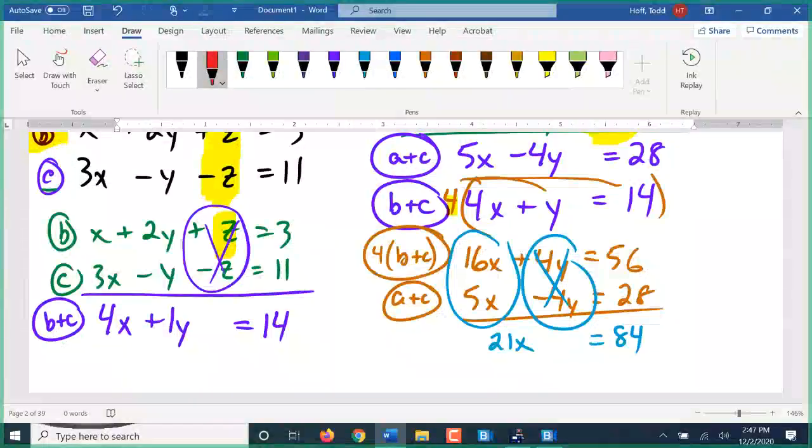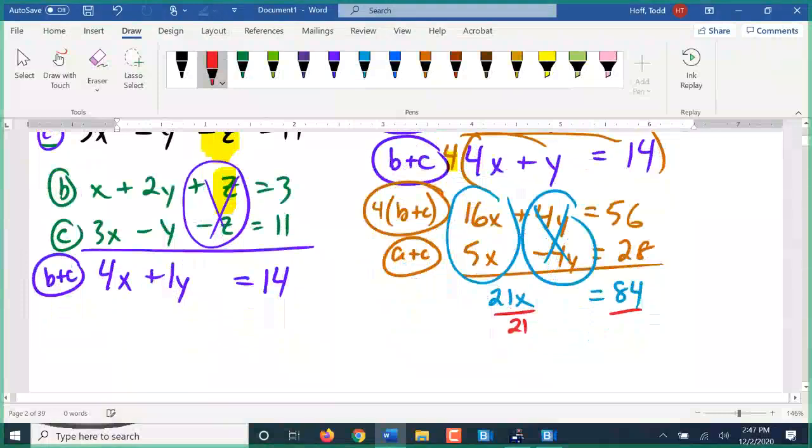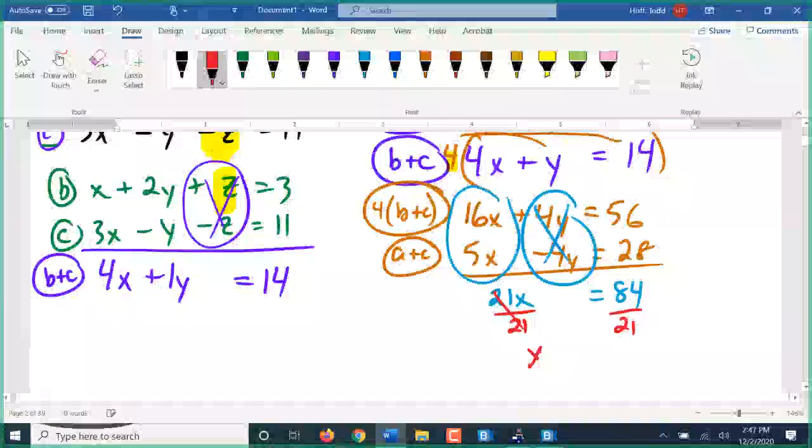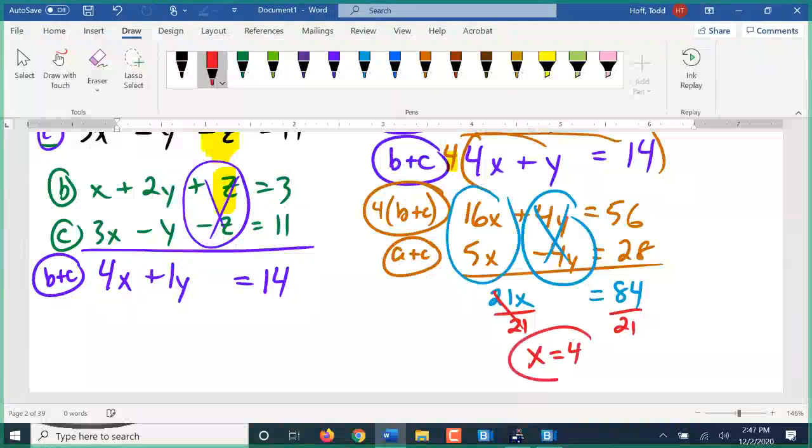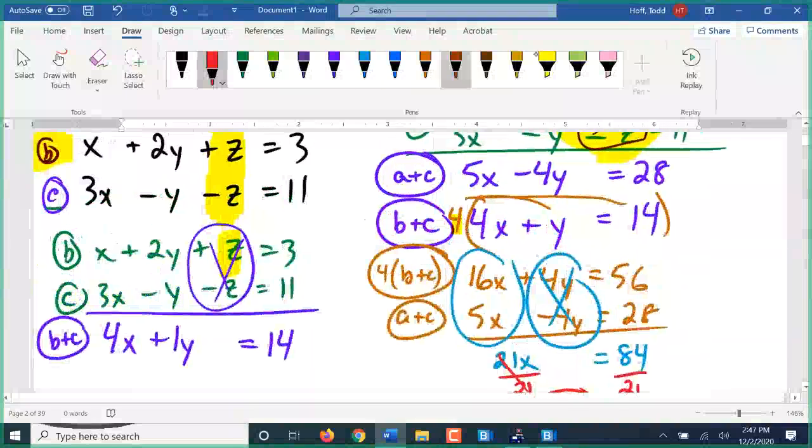Now we can solve this for x by dividing by 21. x equals 84 divided by 21 is 4. Now I can use that to solve for y in one of these equations. I'm going to use this one here, the 4x plus y.